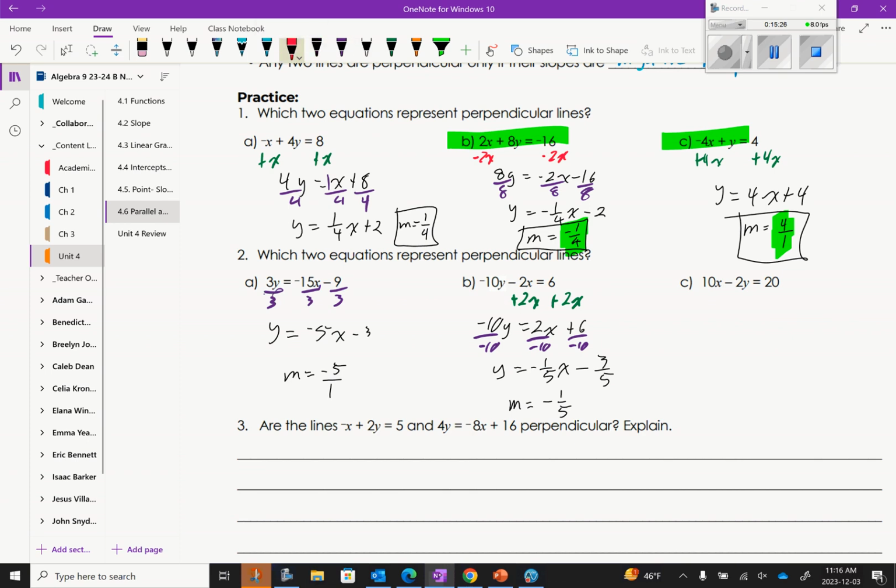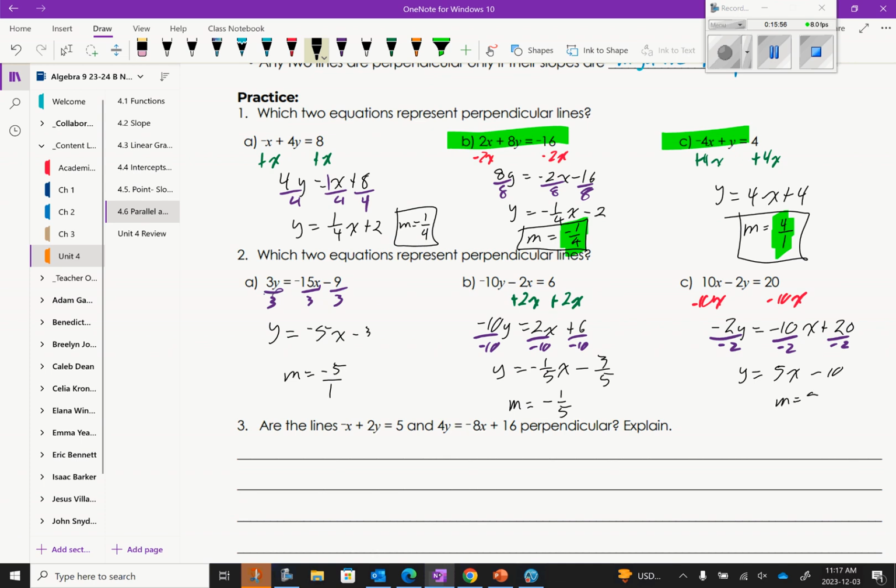And again, we'd start by subtracting 10x. Careful about dividing by negative 2. Negative divided by negative is positive. 10 divided by 2 is 5.